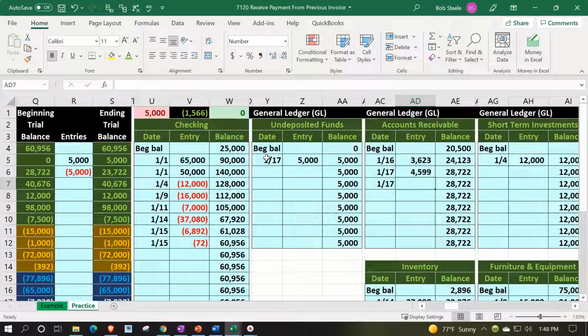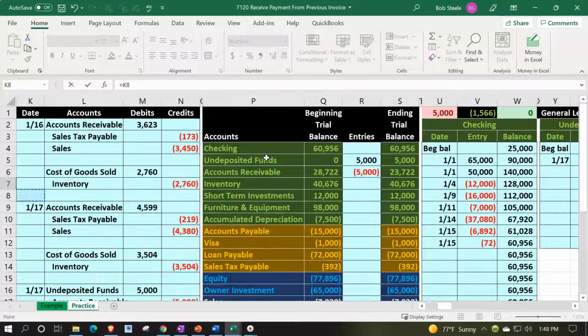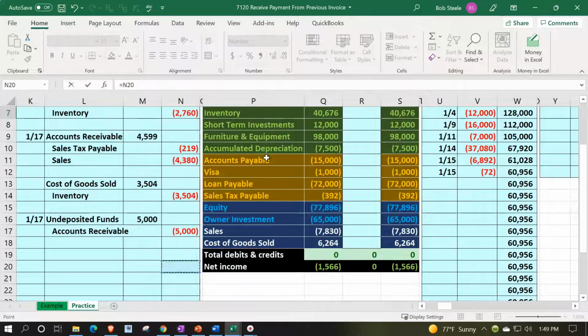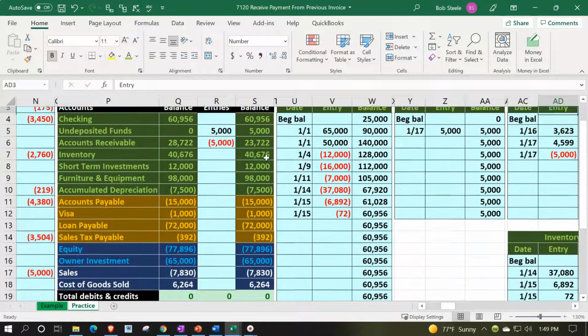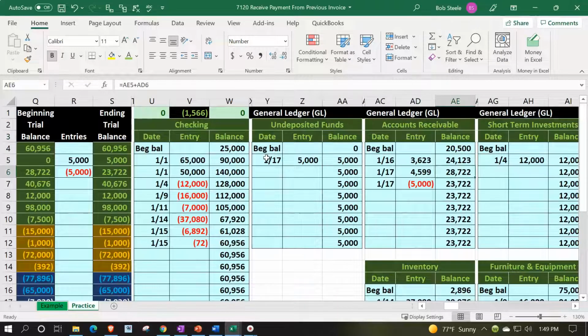In AD7 equals left to the wall, down to the last transaction, and the R account, AR, enter. So there we have it. So we got the 28,722 down by the 5,000 to the 23,722, and we're back in balance up top, and that 23,722 matches the trial balance.